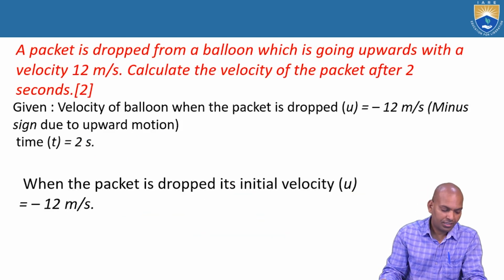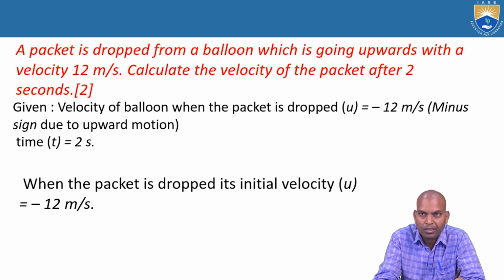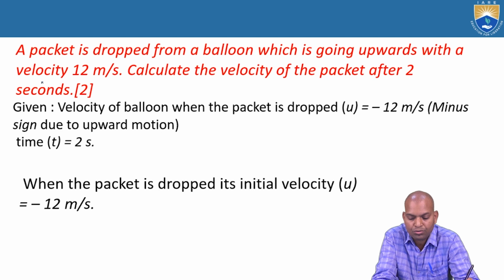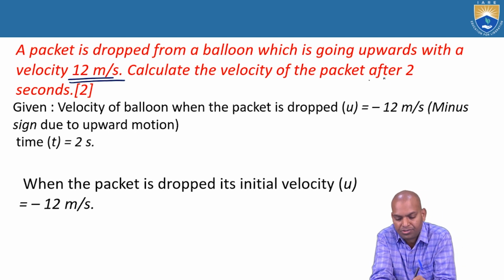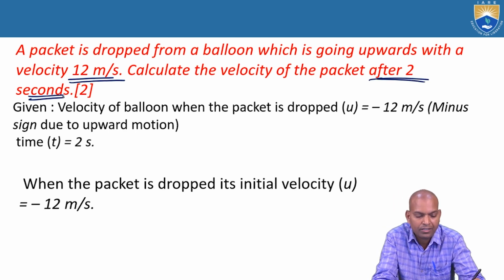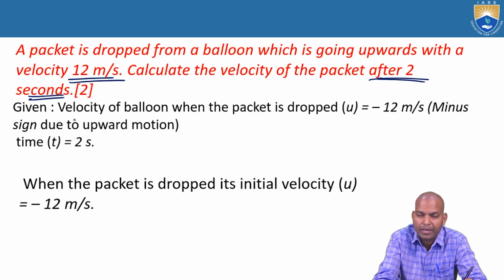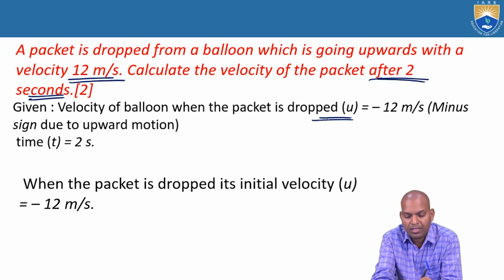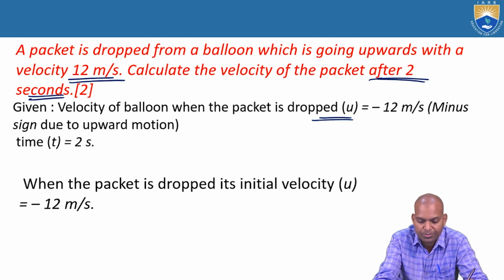Next problem. A packet is dropped from a balloon which is going upwards with a velocity of 12 meters per second. Calculate the velocity of the packet after 2 seconds. The concept is the same: the velocity of the balloon when the packet is dropped is the initial velocity, u equal to negative 12 meters per second.